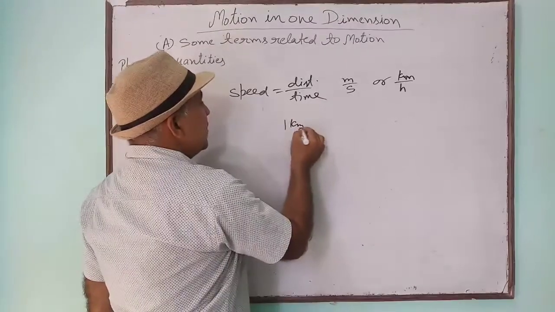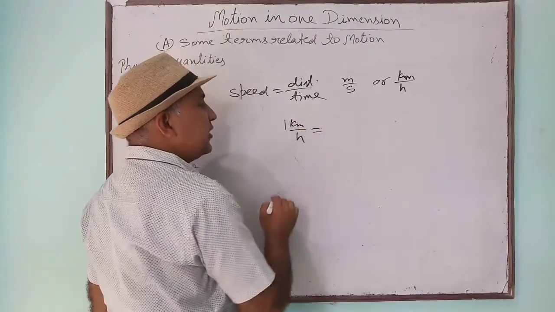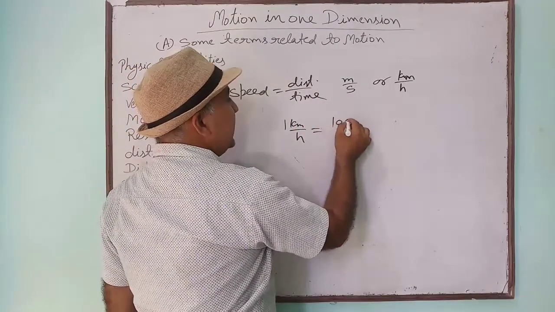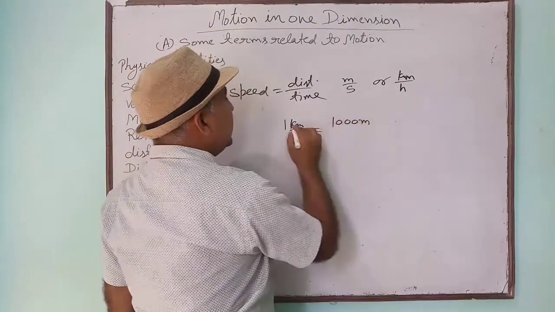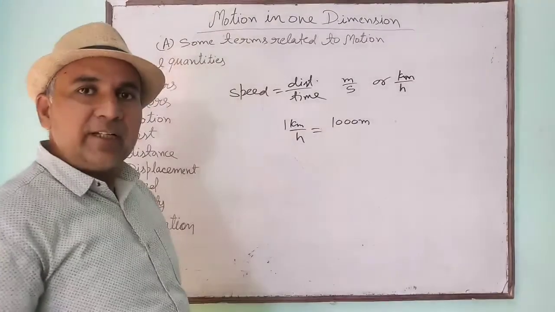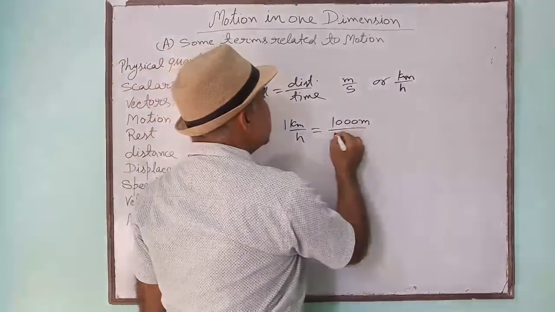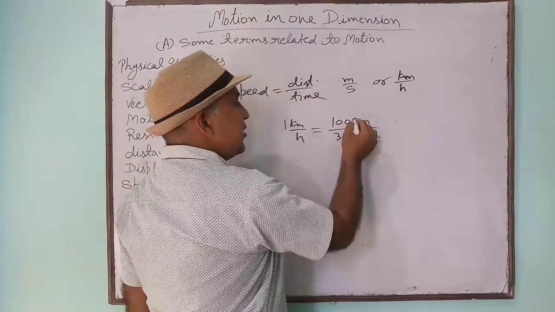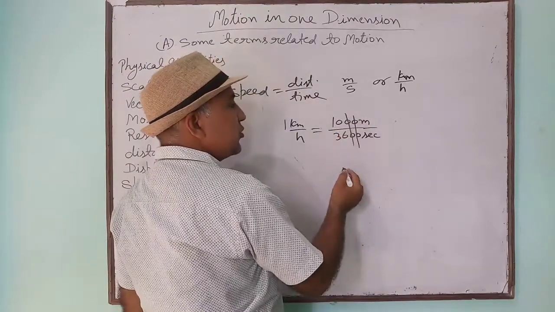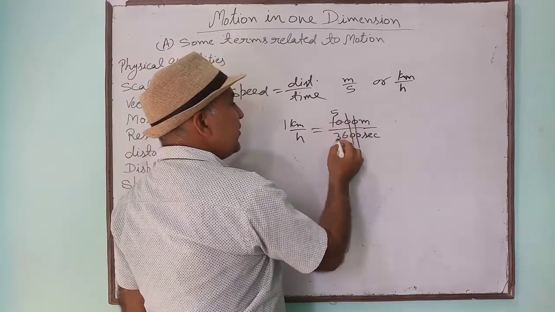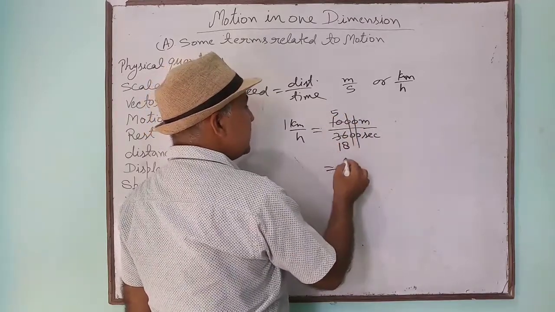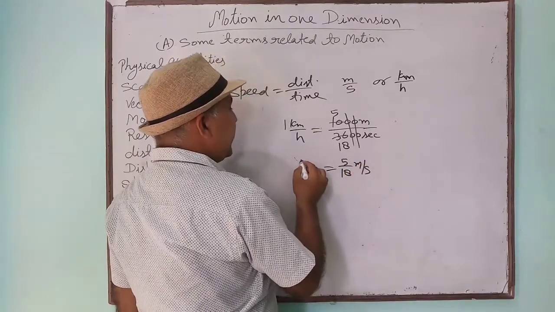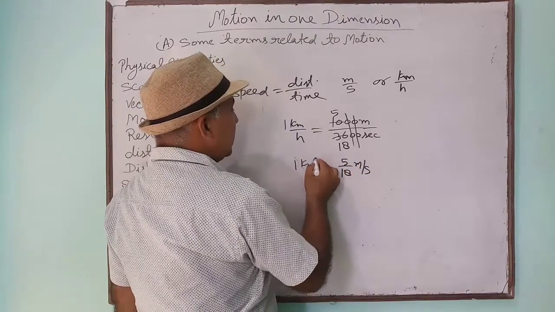See here. Suppose you want to convert 1 kilometer per hour into meter per second. We know that 1 kilometer is equal to 1000 meter and 1 hour is equal to 3600 seconds. By solving it, see here, the zeros cancel, 2 into 5 is 10, 2 into 18 is 36, which means 5 by 18 meter per second.